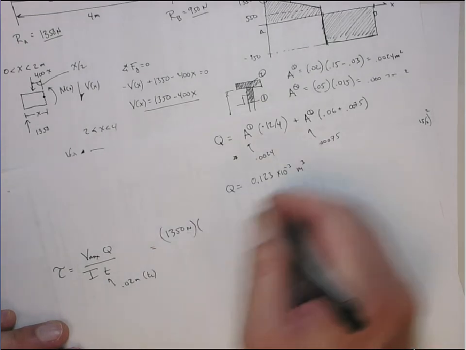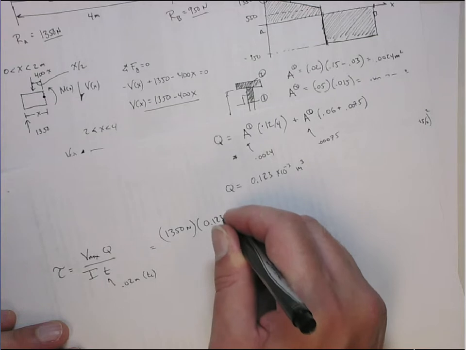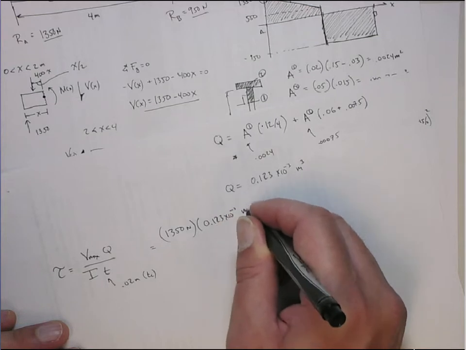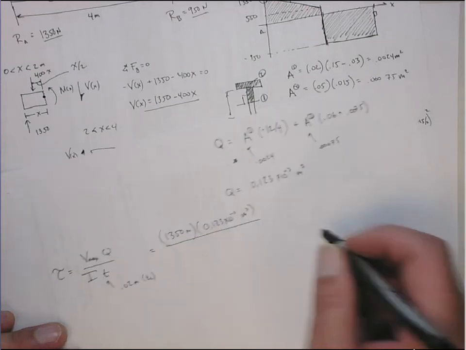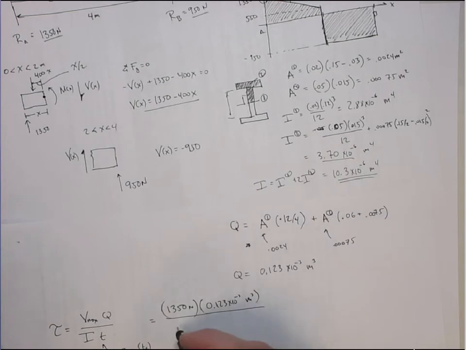The Q, which is 0.123 times 10 to the minus 3rd meters cubed, over the I, which is the 10.3 times 10 to the minus 6th meters to the 4th, times the thickness, which is 0.02 meters.